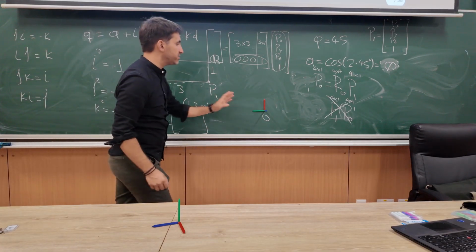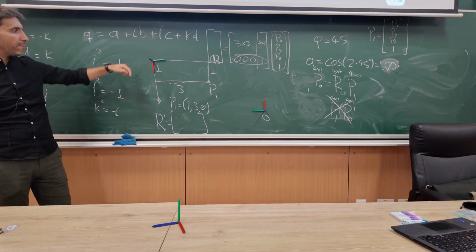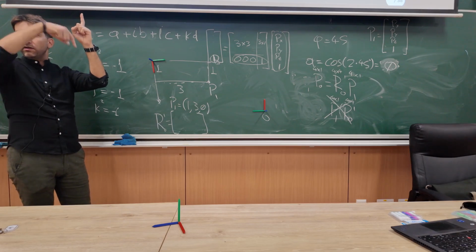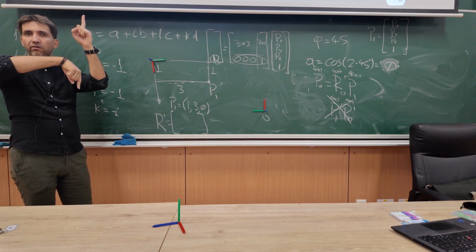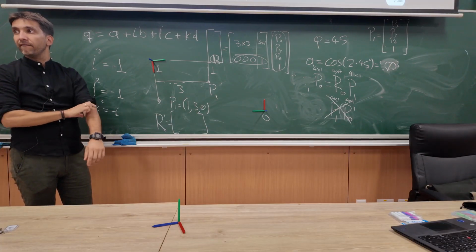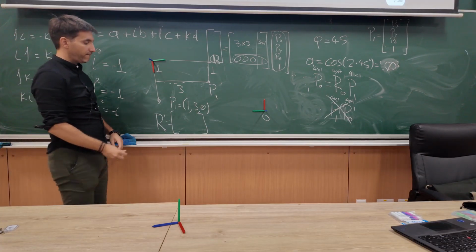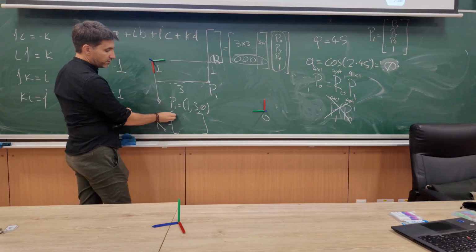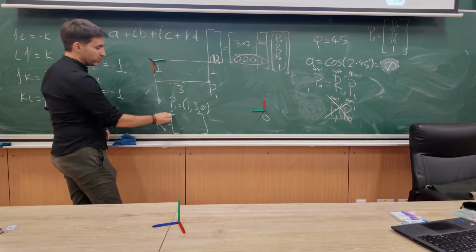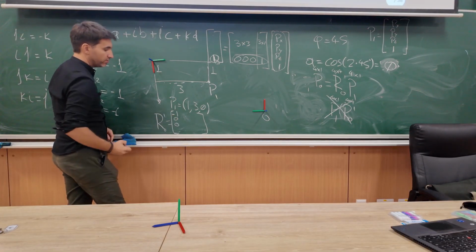Imagine they are on the same origin, just focus on the orientation now. So x0 is pointing up, x1 is pointing down, so what? Minus 1, 0, 0. Very good.